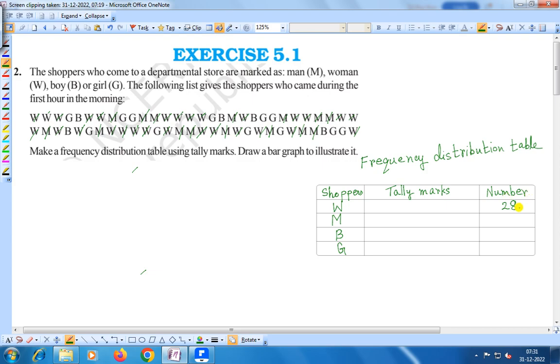The number is 15. That is 15, right? This is 15.